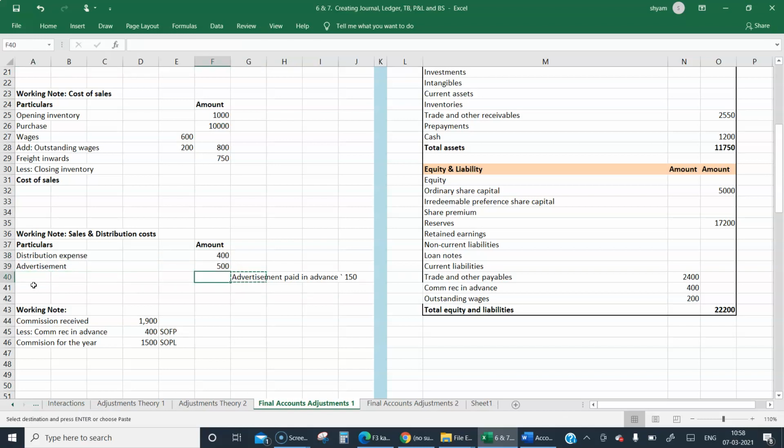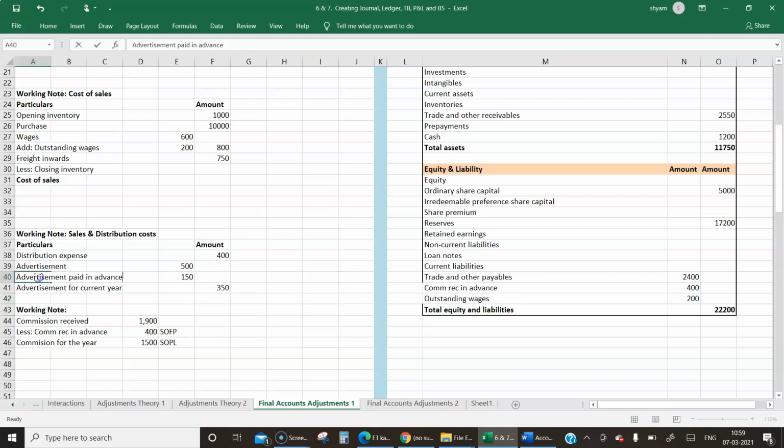So advertisement paid in advance is 150. So advertisement for the current year is only 350.